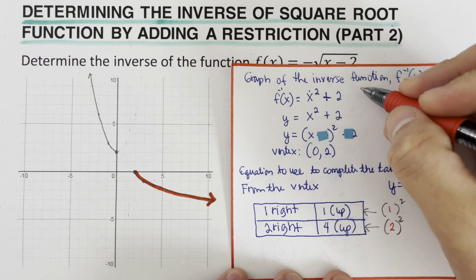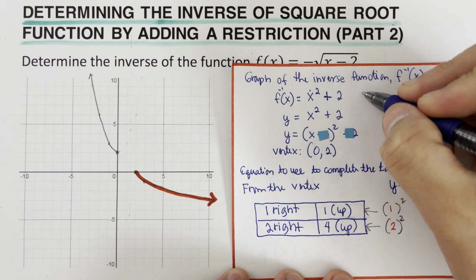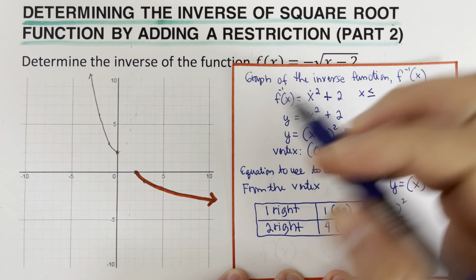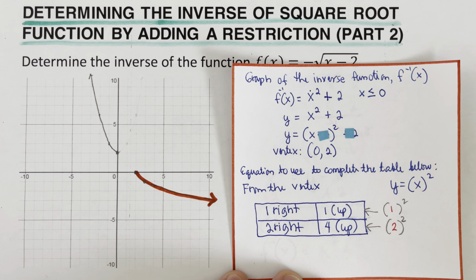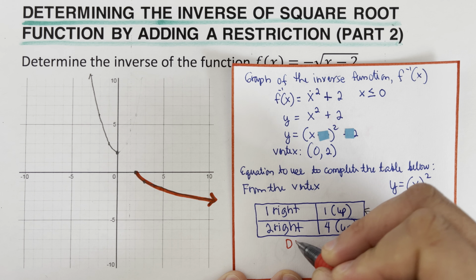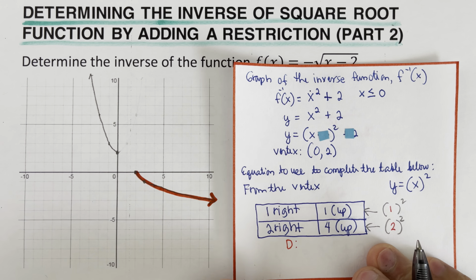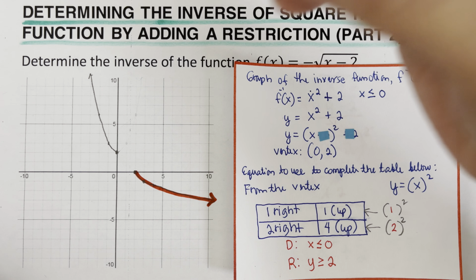From our restriction that we have here, x should be less than or equal to 0. So anything that is less than 0, and so we can go ahead and say that our domain for this given inverse graph that we have here is x is less than or equal to 0, and our range here is y is greater than or equal to 2.